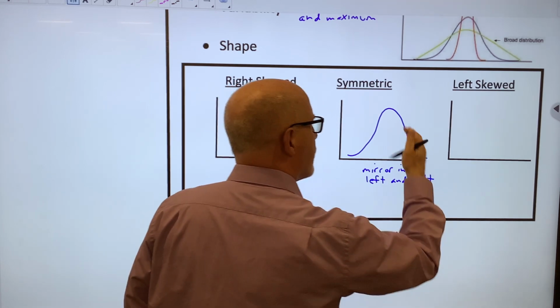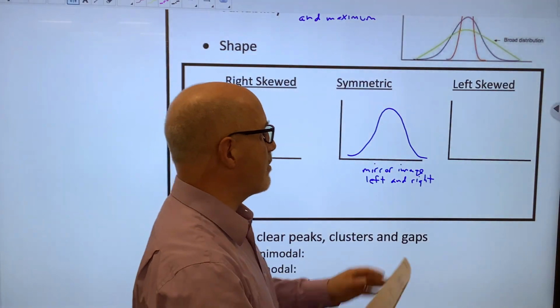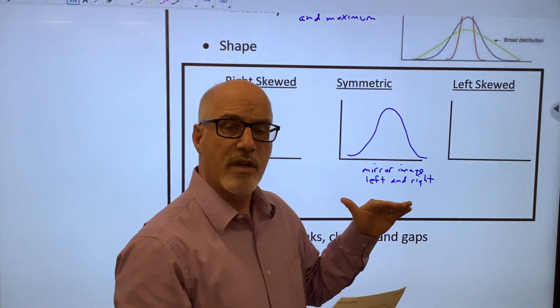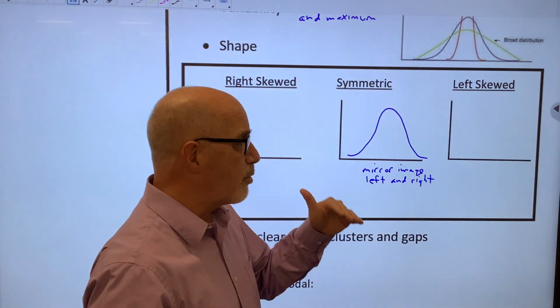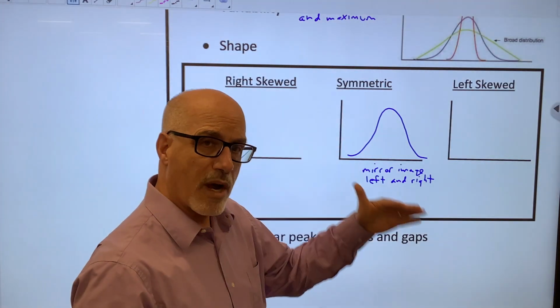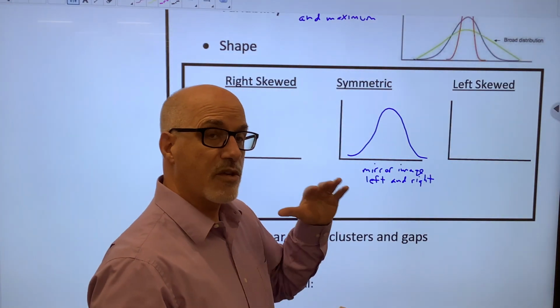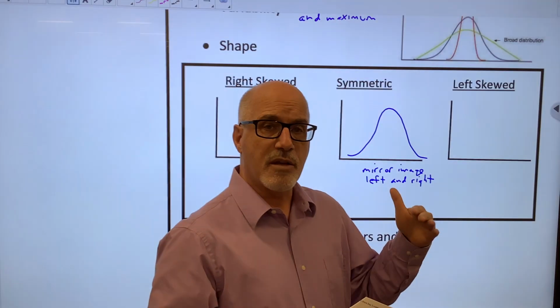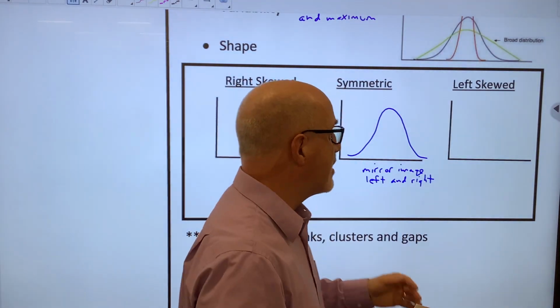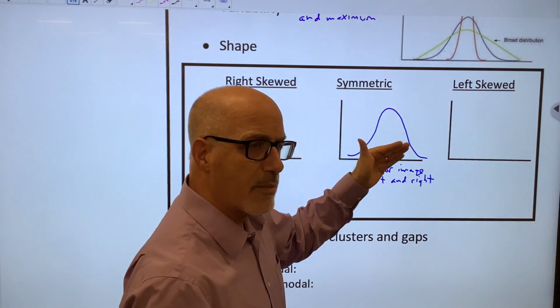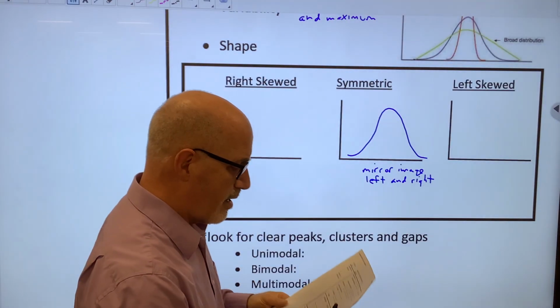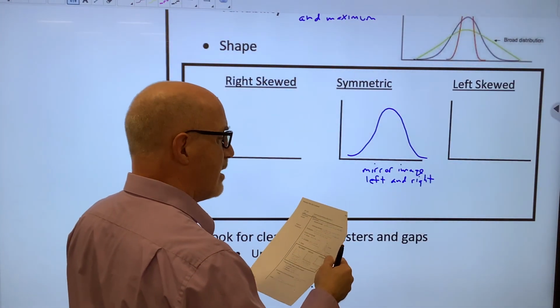If you were to fold it right down the center line, it would fold over approximately right on top of itself. We're talking about symmetric being approximate, not necessarily precise, because data sometimes gives a rough estimate. So if it has this general shape of the left and the right being similar, that would be symmetric.